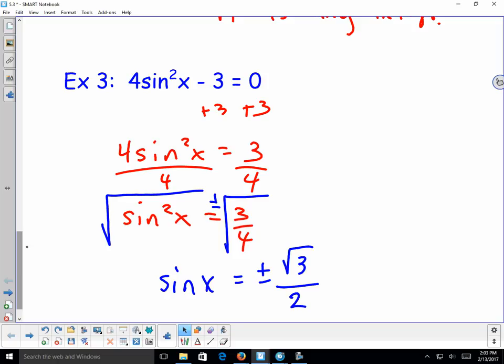Okay, 2 pi over 3 is here, pi over 3 is here. Those both have a y coordinate of square root of 3 over 2. And for the negative square root of 3 over 2, it would be 5 pi over 3 and 4 pi over 3. There's 5 pi over 3 is here, 4 pi over 3 is here, and those both have a y coordinate of negative square root of 3 over 2.